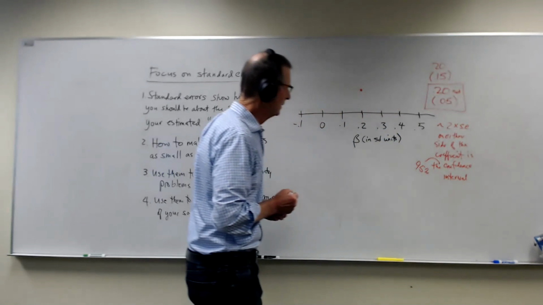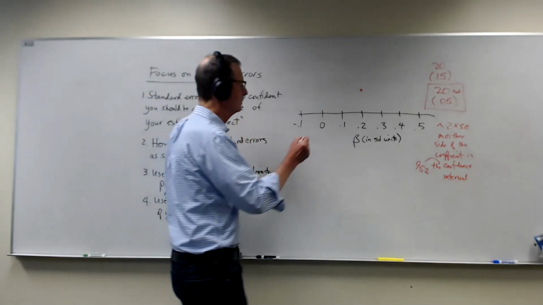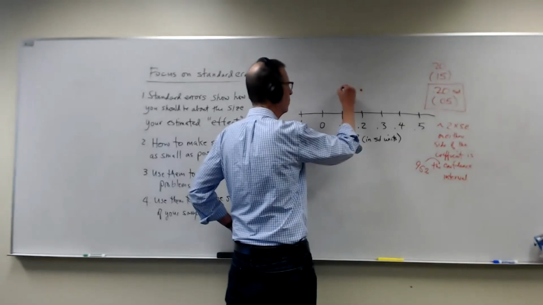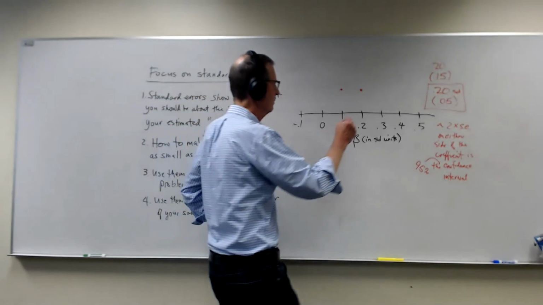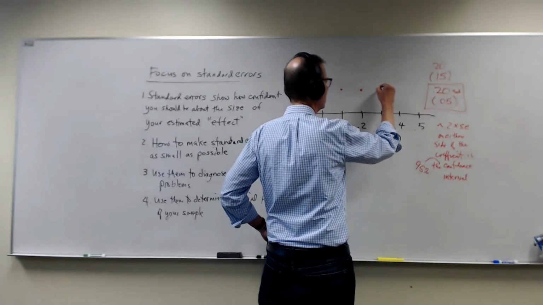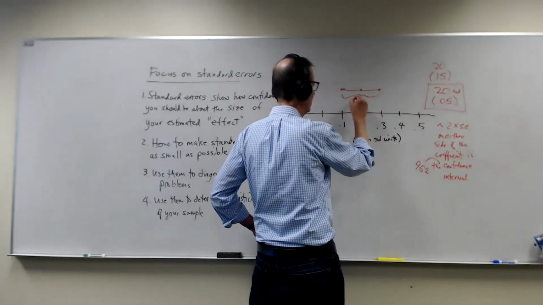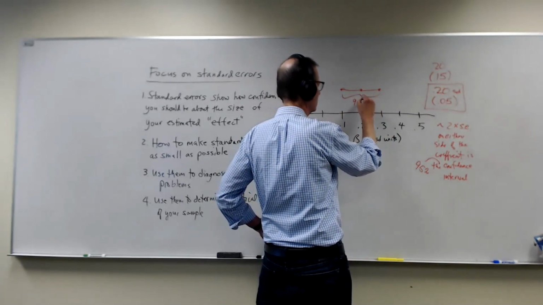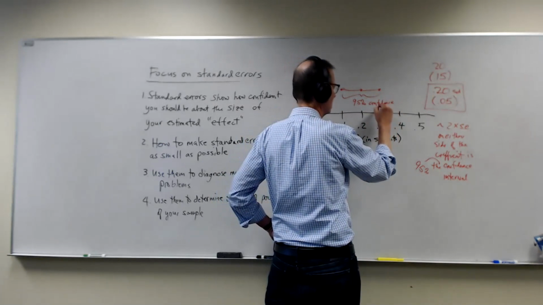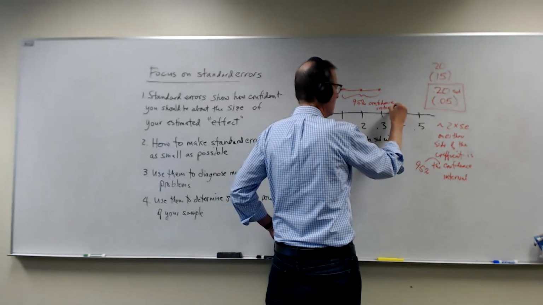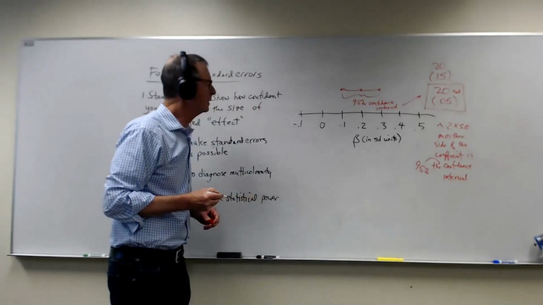Okay, so in this case, we've got 0.2 minus twice 0.05, where we go down to about 0.1 or so. 0.2 plus twice 0.05, we go up to 0.3. So this is the 95% confidence interval associated with that estimated impact and that standard error.